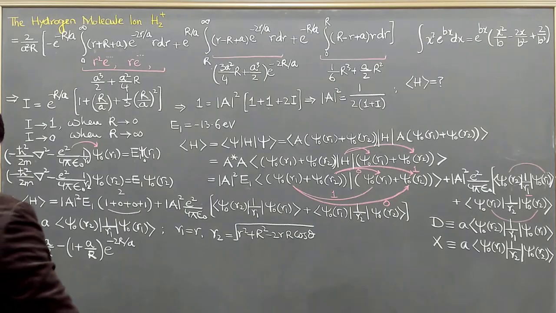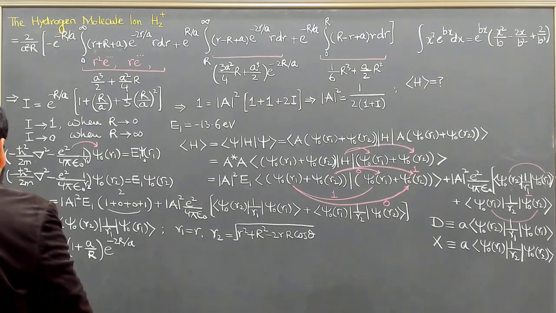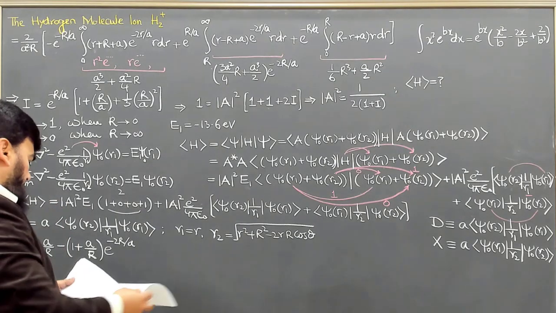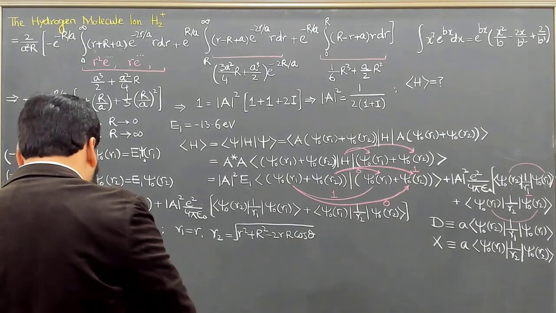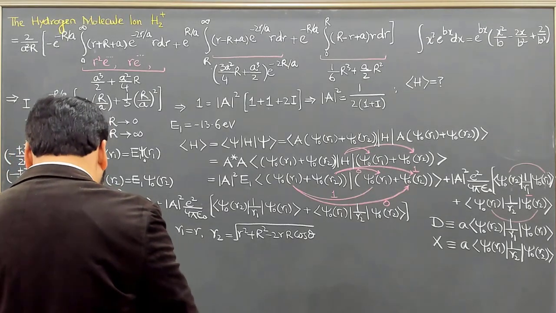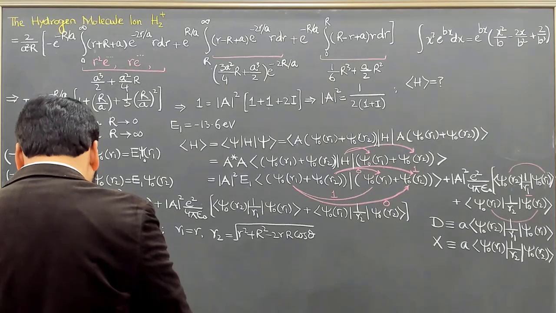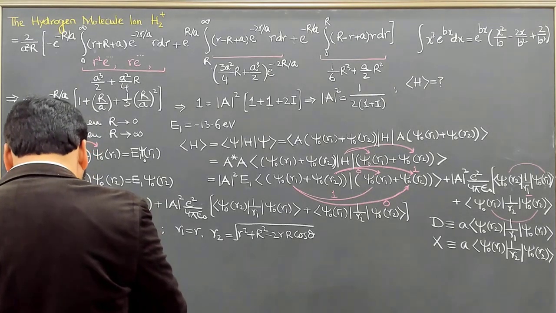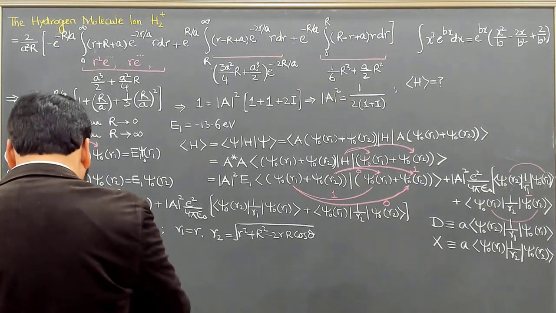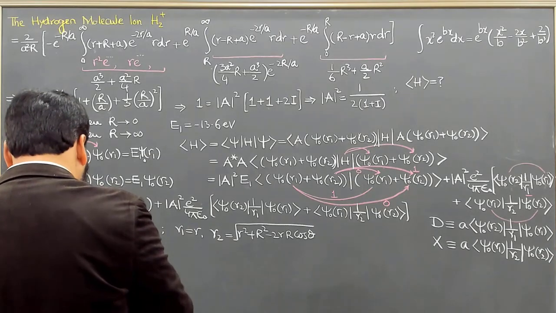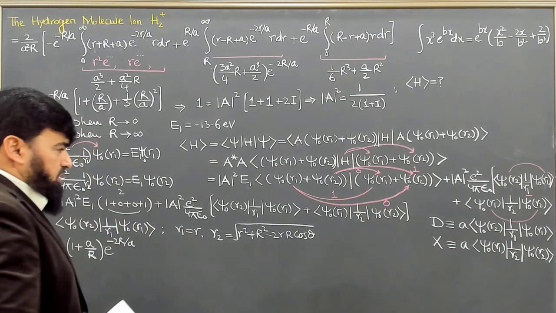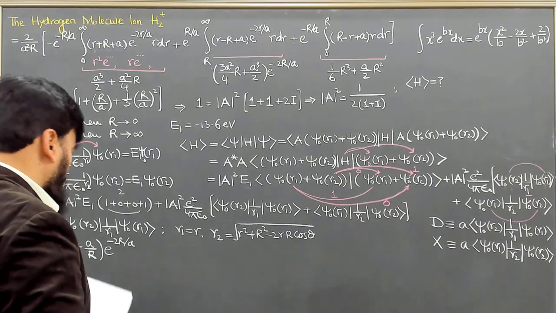This is the value of d that comes out, and similarly when we calculate the value of x, the value of x is even more complex.